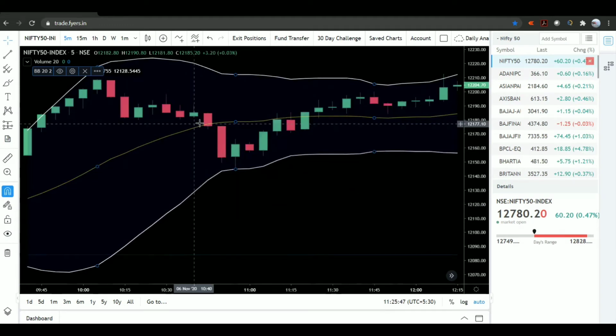Getting my point? Again I am repeating, from this candle to the last 20 candles, the closing prices are added and divided by 20, and we get this value. So this is a moving average.